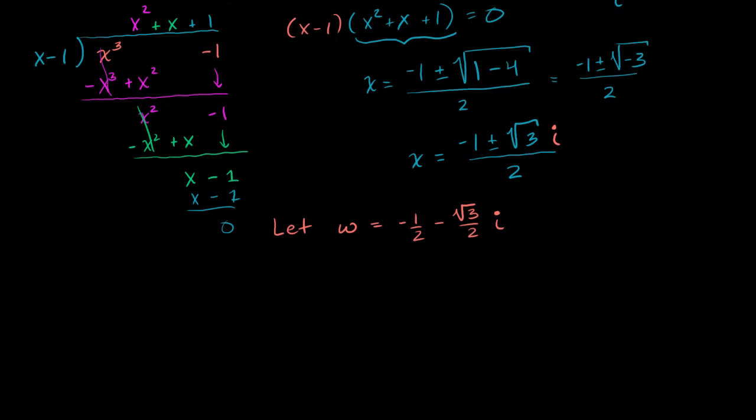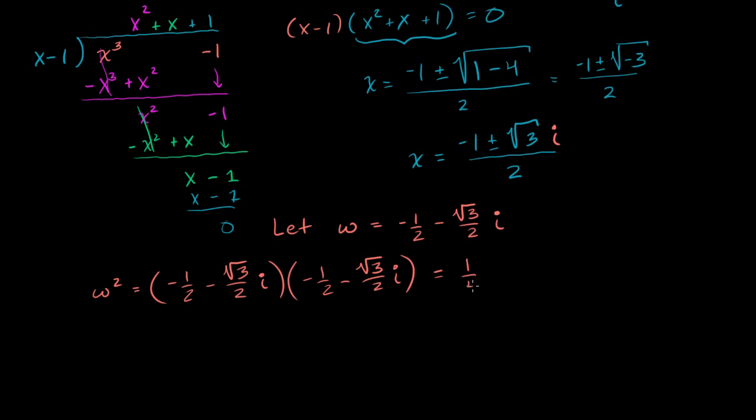So this right here is clearly omega to the first power, the way we've defined it. Let's think about what omega squared is. So omega squared is equal to negative 1/2 minus the square root of 3 over 2 i, times the same thing, since we're squaring it. This will give us good practice multiplying complex numbers. So negative 1/2 times negative 1/2 is positive 1/4.